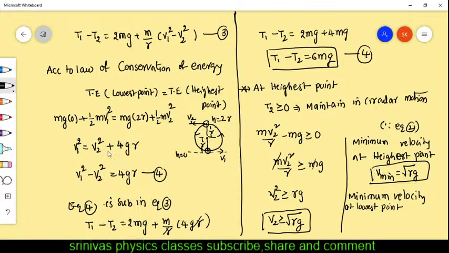Then you see from equation 4, we write v1 square minus v2 square is equal to 4gr. You substitute v2 as root rg here. The minimum v2 value is root rg.